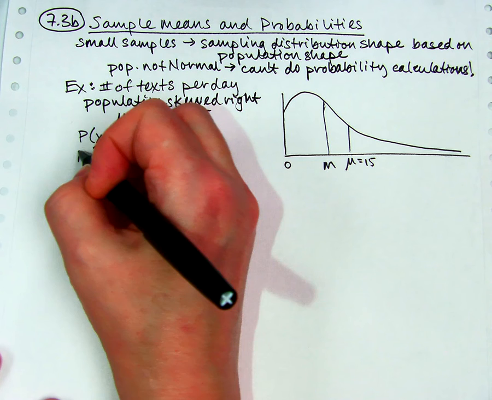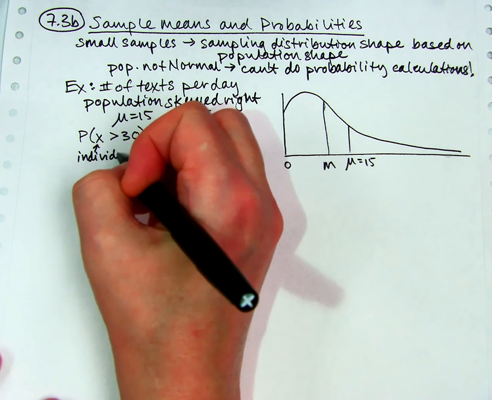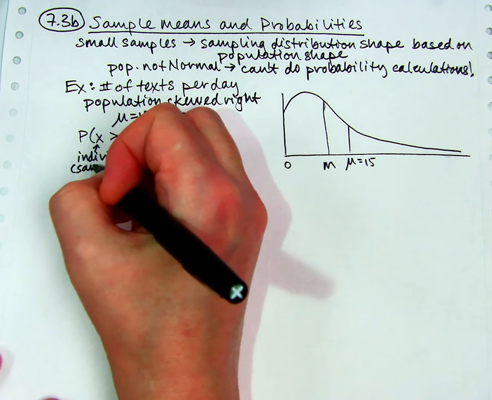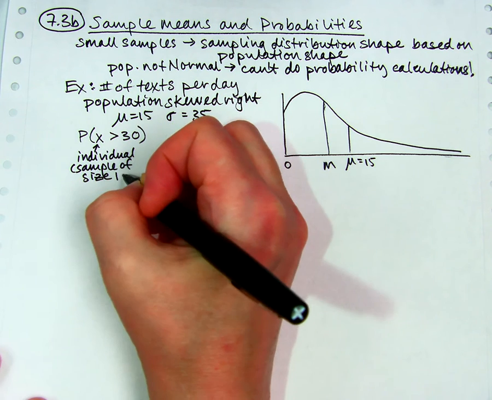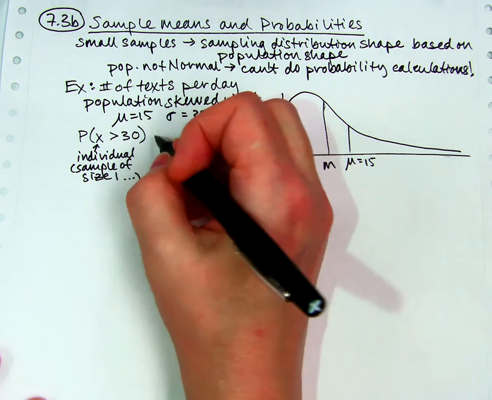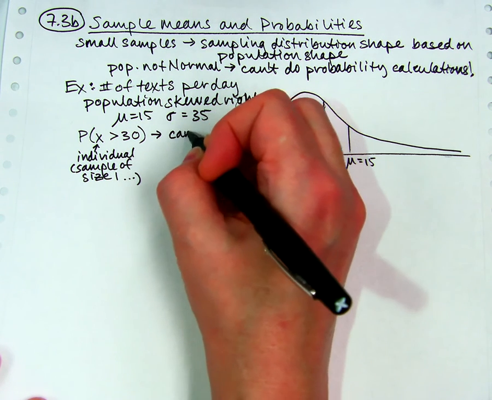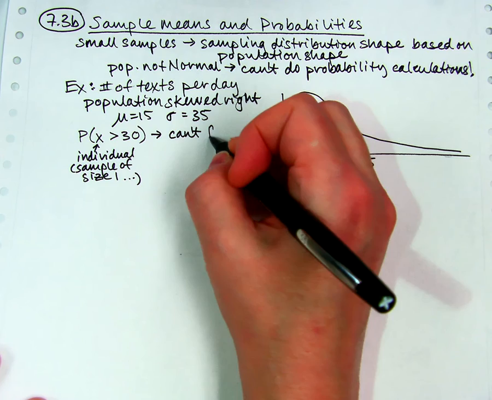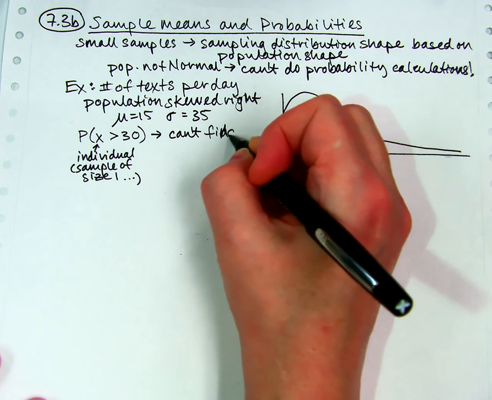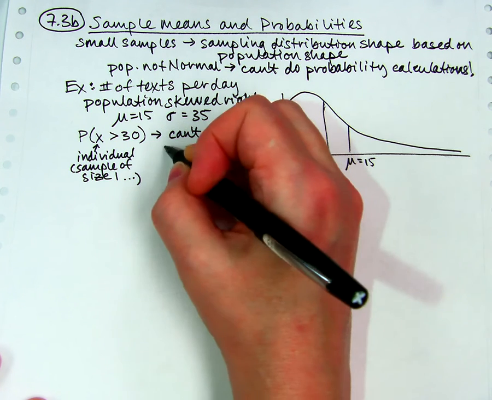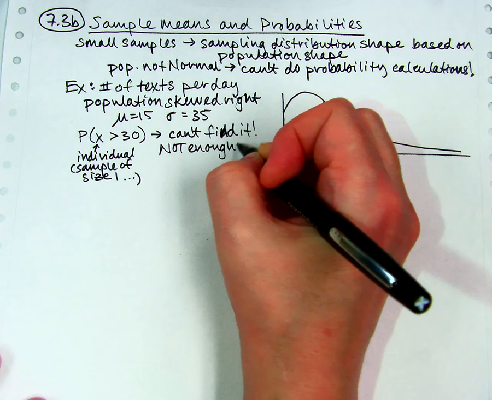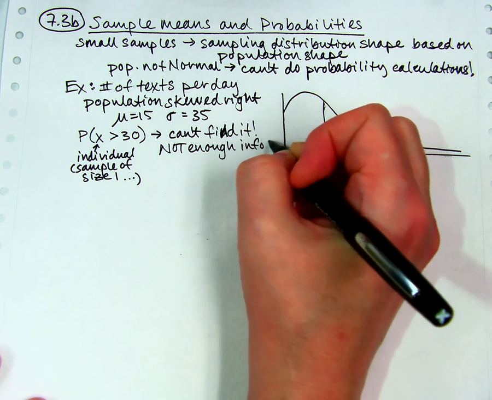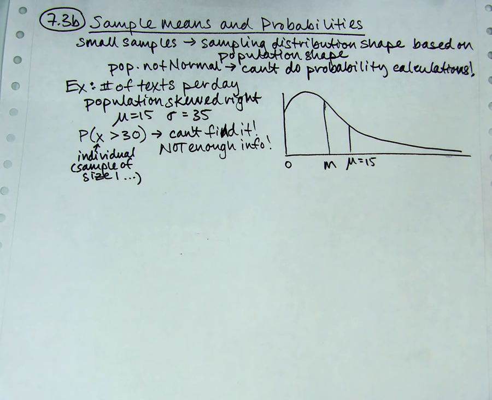This is an individual, sample of size 1. We can't find this probability. We do not have enough information, and we're not going to learn how to do that this year. So they may ask you that just to see if you're aware that you can't find that. I may ask you that on the next quiz and see if you notice that you can't find it.